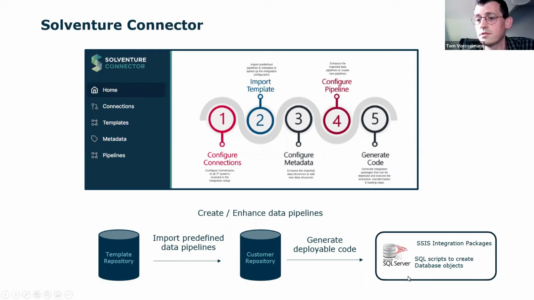So for us, it was a logical step, and we said, okay, based on that metadata, we can generate all the SQL to create our database, and we can also create Microsoft SQL Server Integration Services packages that can then extract, transform, or load all the data between the ERP system and our planning solutions.